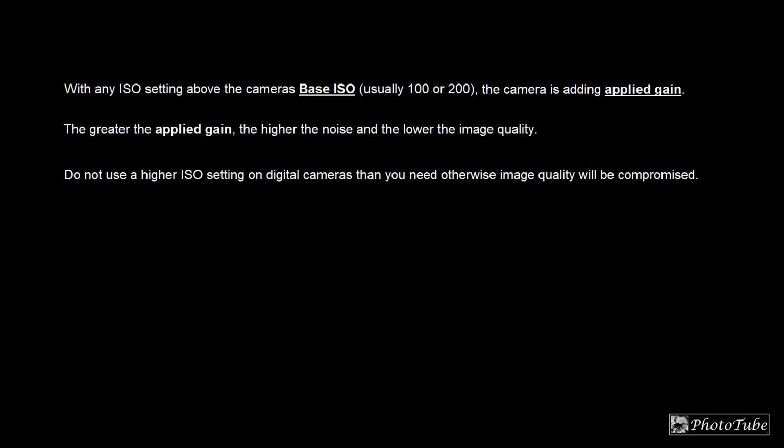The problem with this is the more applied gain, the higher the noise and the lower the image quality. Therefore, do not use a higher ISO setting on your digital camera than you need, otherwise you will be compromising image quality. Film grain is usually more visible than digital noise, although arguably not as nasty looking as digital noise.